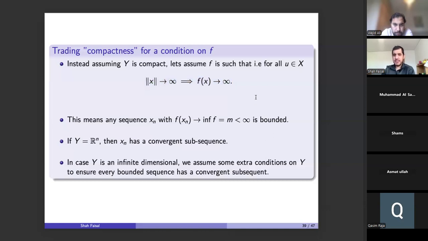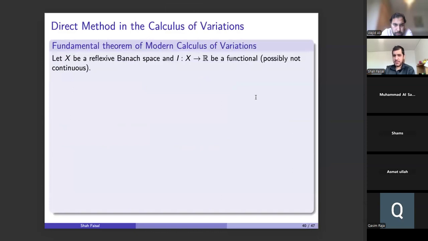Okay? And therefore, it gives me the following theorem. Consider a Banach space which is reflexive. A reflexive space is basically one where bounded sequences have convergent subsequences. Now consider a functional, and you want to find a minimizer for it. We don't assume it is continuous, by the way.